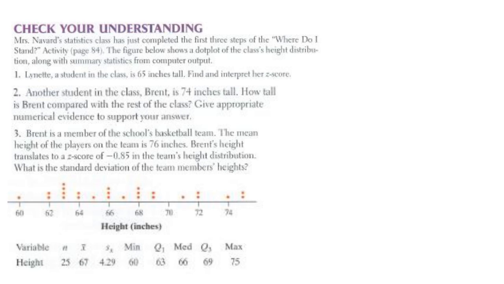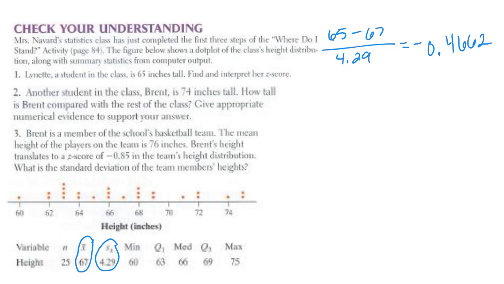Okay, so for Lynette, if we're going to find and interpret her Z-score, she is 65 inches tall. Our mean here is 67, and our standard deviation is 4.29, which gives us a Z-score of approximately negative 0.4662.